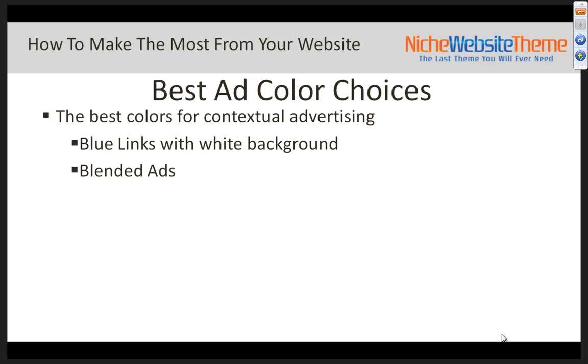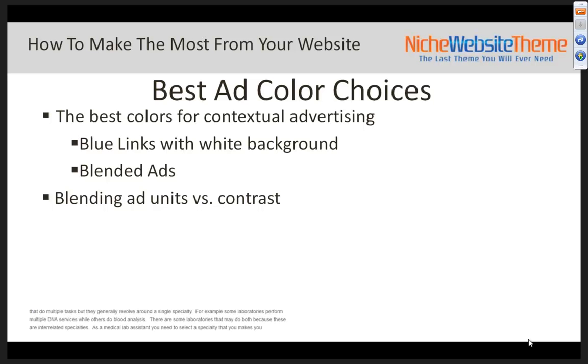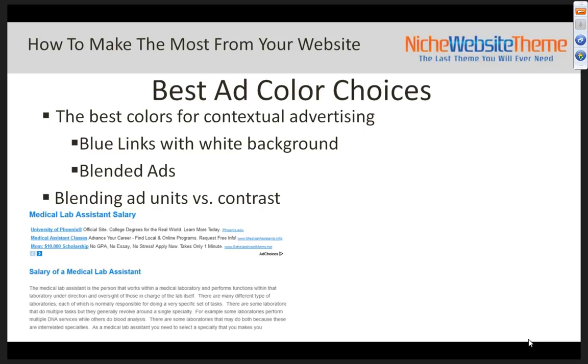If you are unsure what color to make your ads, I would recommend starting with blue links and a white background. The other option is to blend your ads in with the color of your theme or your website, and then the other option is to make it stand out or contrast. Here's an example of an ad unit that blends in with the site itself.